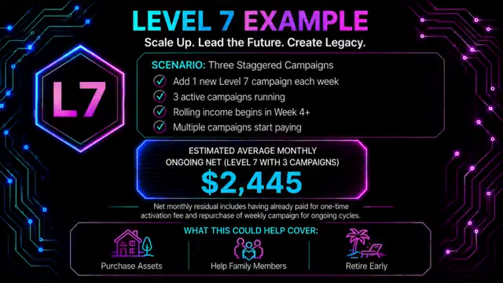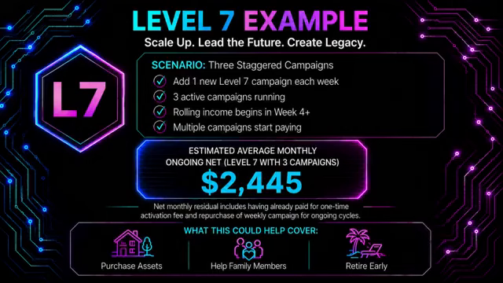The level 7 example shows the higher end of this strategy. With 3 staggered level 7 campaigns, one campaign is added each week. Again, multiple campaigns can begin paying as the cycle develops. The estimated average monthly ongoing net is 2,445 USDT.